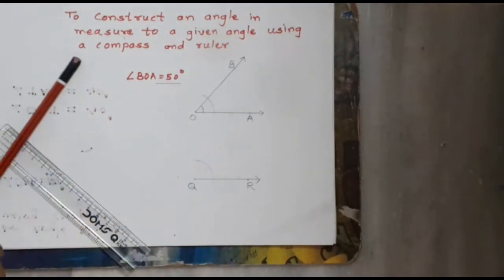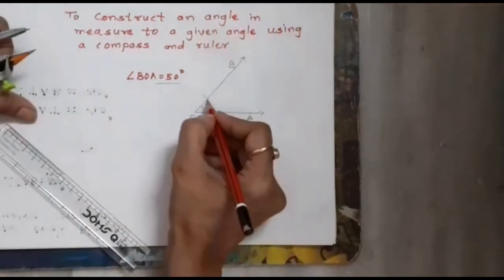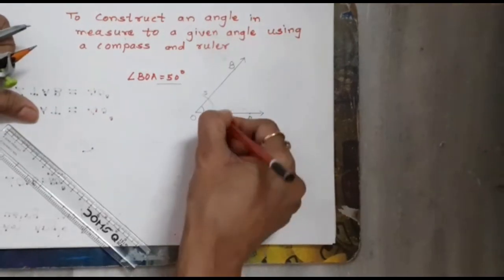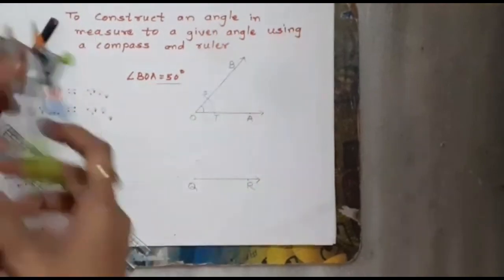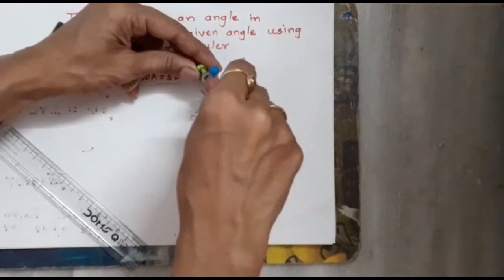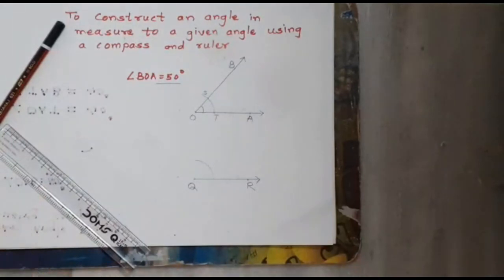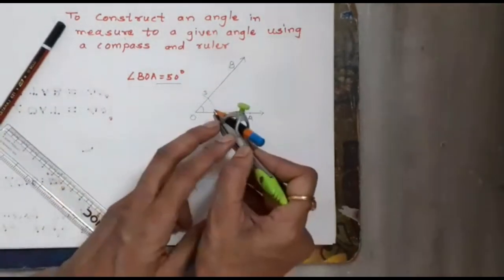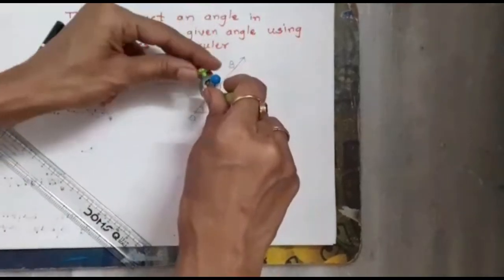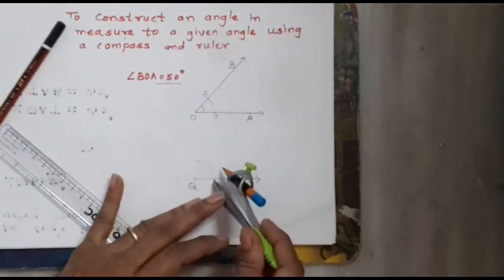Now place the point of the compass. Now here I will give these the names S and T. This is T and this is point S. Now place the compass at point T and pencil at S, at point T and S. Now again place this point.